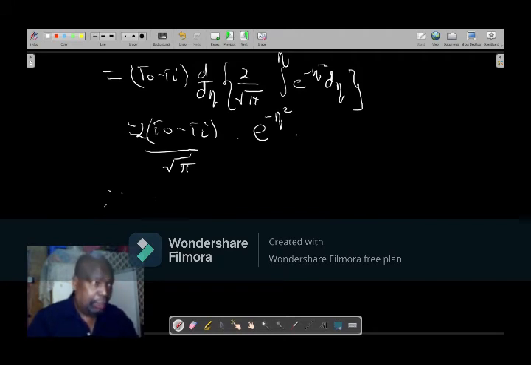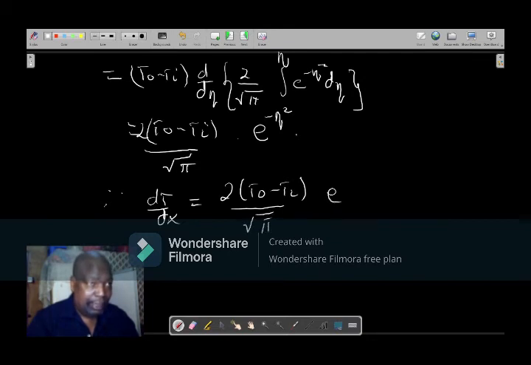So now we have our dT by dx is equal to 2 (T naught minus Ti) over root of pi times e minus eta squared times 1 over the square root of 4 alpha t.